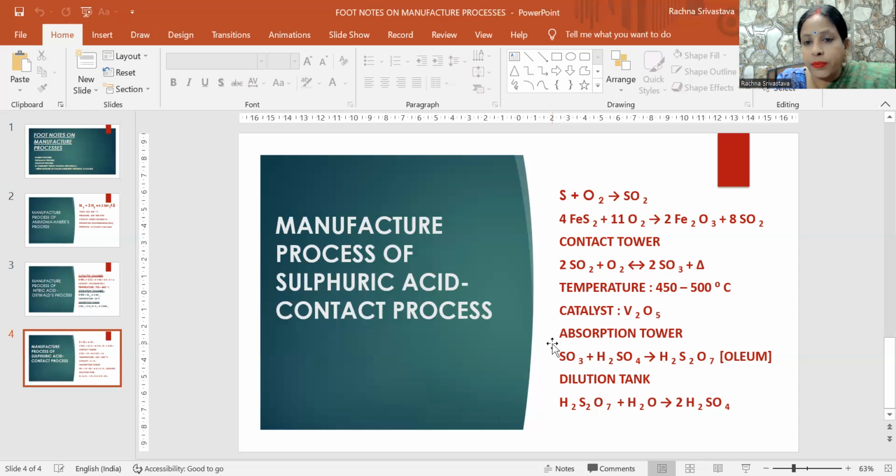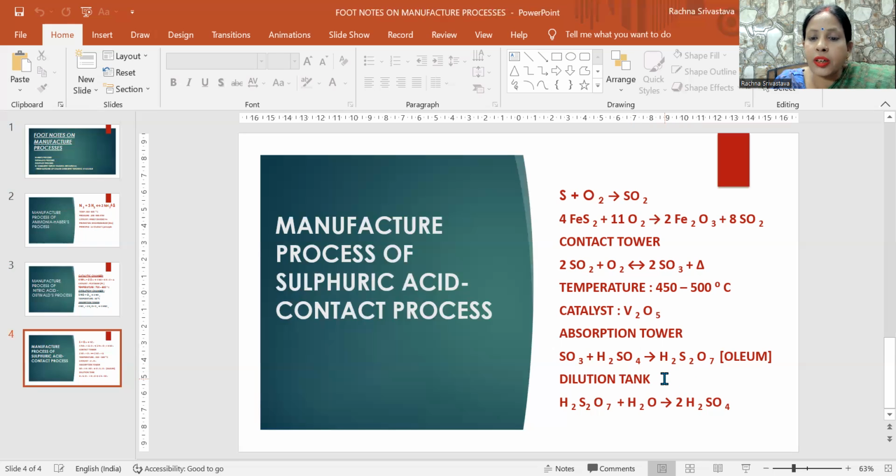So to avoid this fatal accident and the violent reaction, sulfur trioxide is absorbed in H2SO4, which is taken in the purest form, and it forms oleum, H2S2O7. This oleum is chemically also known as pyrosulfuric acid. Here the number is 111 again.